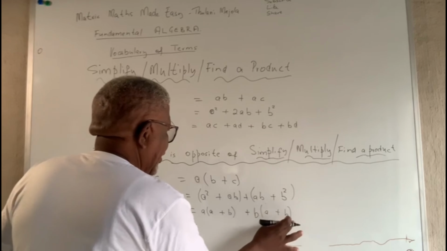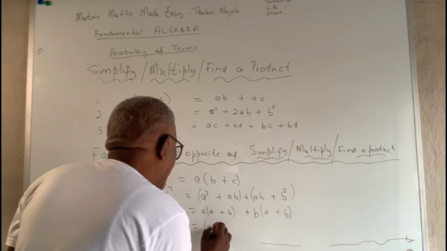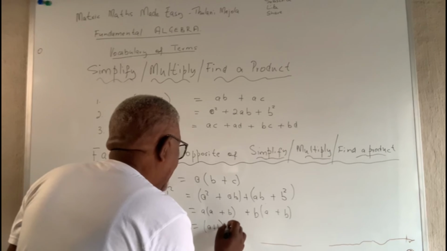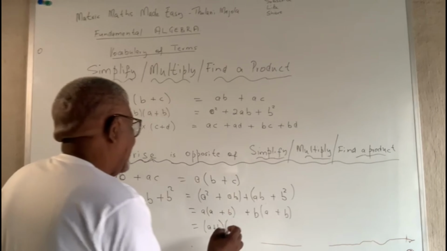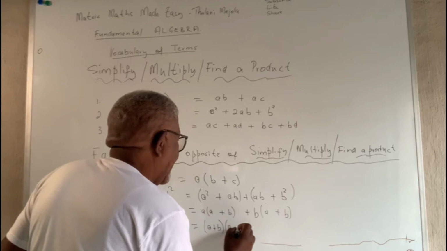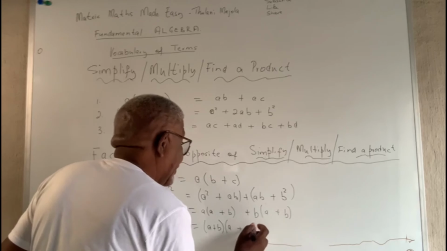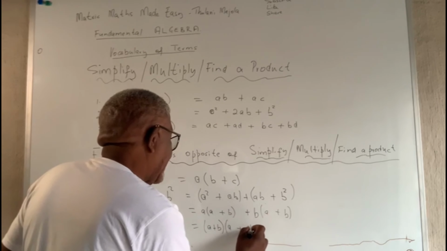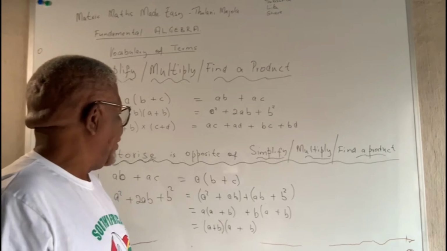On these two terms, we've got a common factor, which is A plus B. You take the common factor A plus B, and ask how many A plus B's are in the first term: there's A. In the second term, there's B. So we end up with (A plus B) times (A plus B).